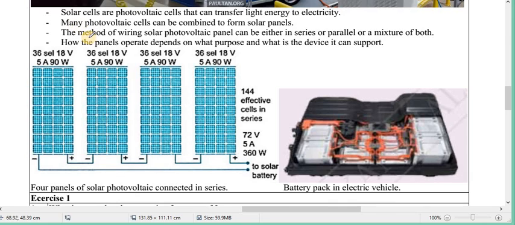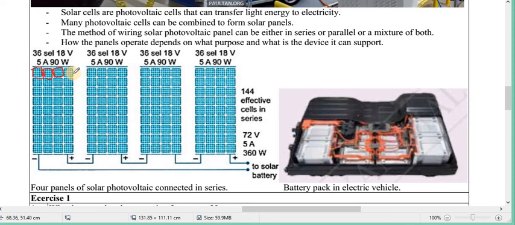Okay, so let's look at this one. Just now we learned that if we want to increase the EMF, what we need to do is connect the power source in series, right? So this is what happened. You see, this is a solar cell. This is individual solar cell. 1 solar cell, 2 solar cell, 3 solar cell.